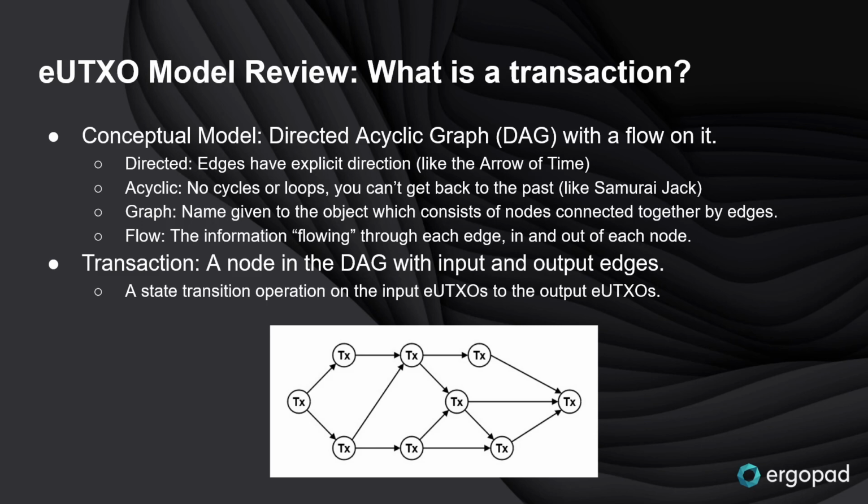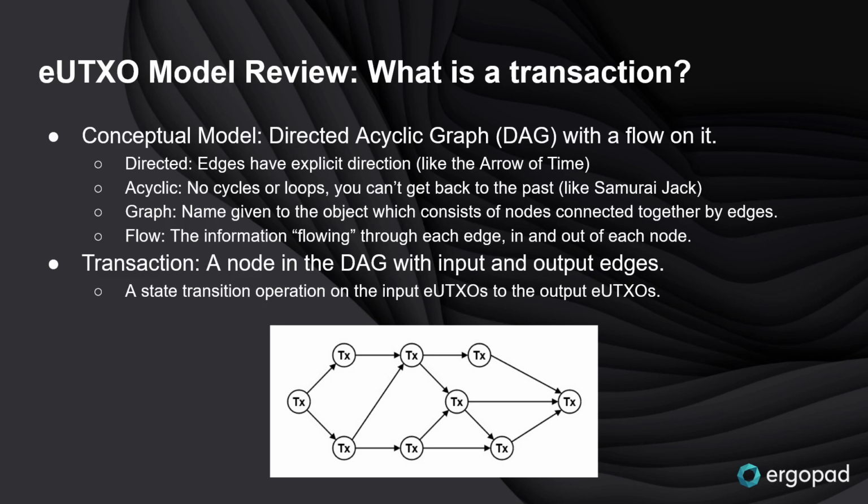So the graph has to be acyclic. And then we have the graph itself, the nodes and the edges. And then along each edge, we have something called a flow. You can think of that just as the information that goes from one node to the next, flowing along edges. And then a transaction is a node in the graph.